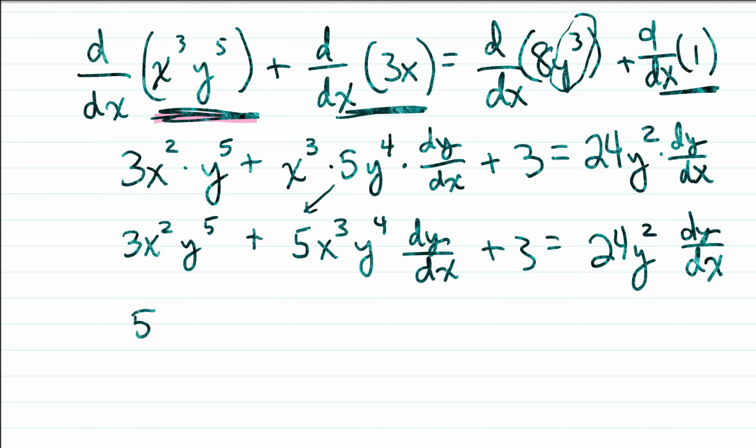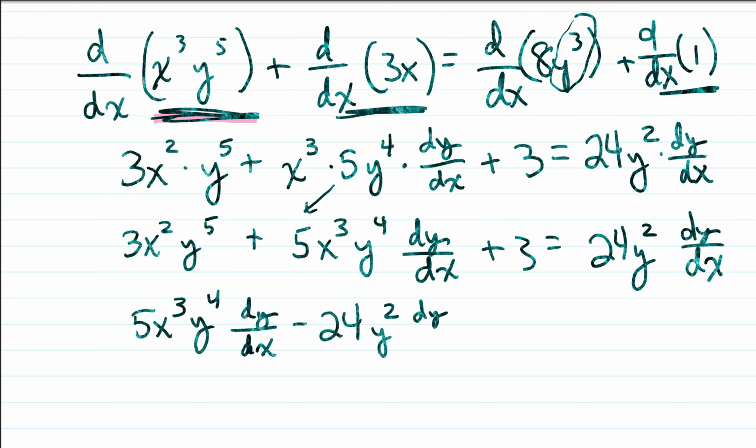So we'll have 5x cubed y to the fourth dy dx, and we'll have the negative 24y squared dy dx, right? All of that on one side with everything else on the other side. So we're going to have to put the 3x squared y to the fifth on the other side and that 3 on the other side.